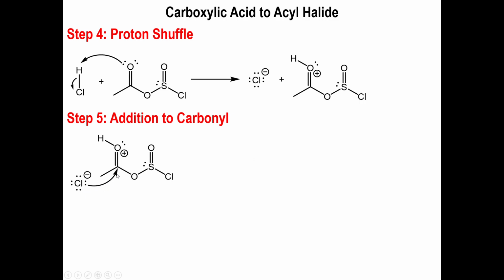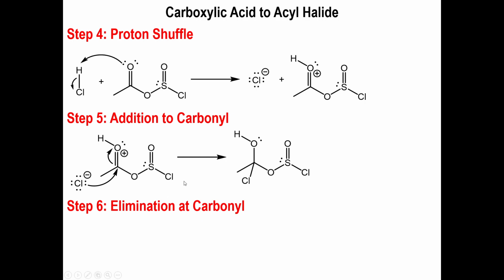So it attacks with 2 electrons, it pushes the pi bond back exclusively onto that oxygen, thus rendering that oxygen neutral. But now you have a tetrahedral site right here, right? And what happens right now is that we eliminate a leaving group. And this time around, the leaving group we're going to eliminate is the thionyl group right there because of 2 reasons.